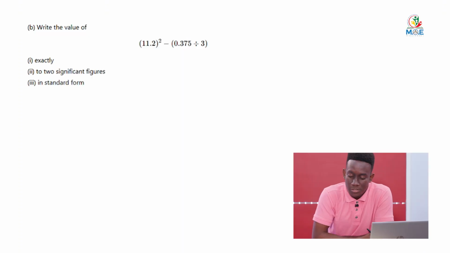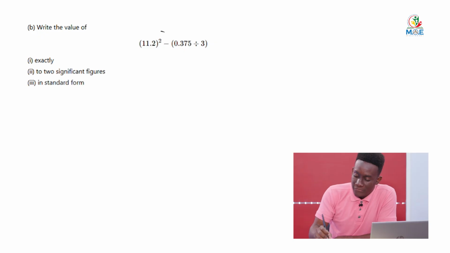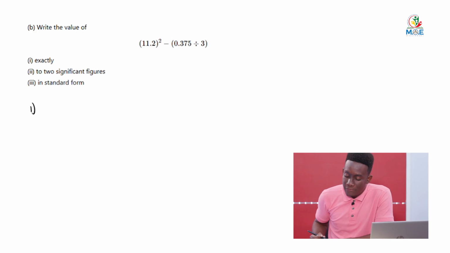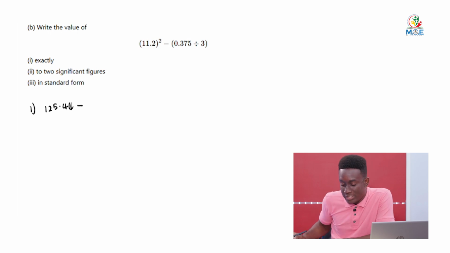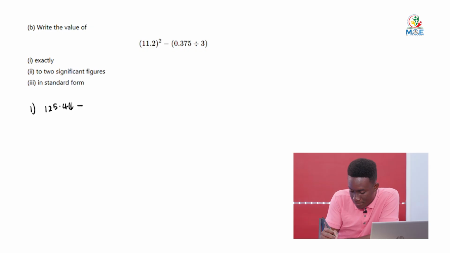Next question says, write the value of this expression exactly, then to 2 significant figures, and then in standard form. So let's write it exactly. 11.2 squared, when we square that, we'll get 125.44. Subtract, and then when we divide 0.375 by 3, we'll get 0.125.